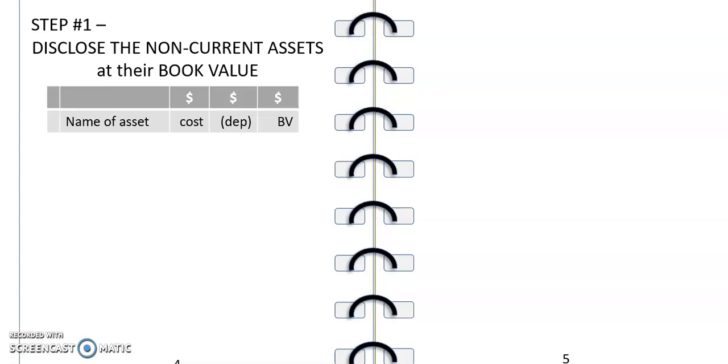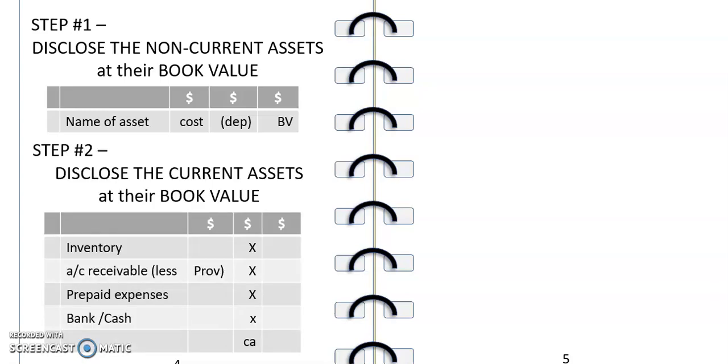In the second column, you take out all of the depreciation assigned to that asset, and it should give you the book value, which is what you want because the balance sheet is written as at the end of the financial period, and so that would be the value on the books. You put in all those non-current assets and add them up, and that should give you the section.